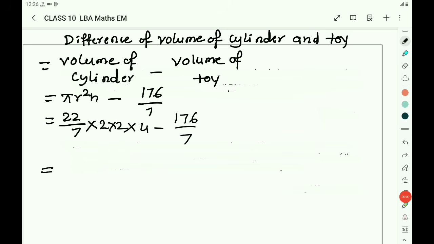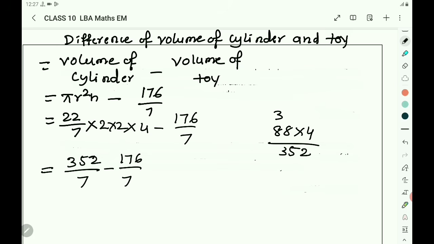Then 22 into 2 is 44. 44 into 2 is 88. 88 into 4, 8 fours are 32, 3 carry, 8 fours are 32 plus 3, 35. So you got 352 by 7 minus 176 by 7, which is equal to, here you subtract 176 from 352. 352 minus 176.